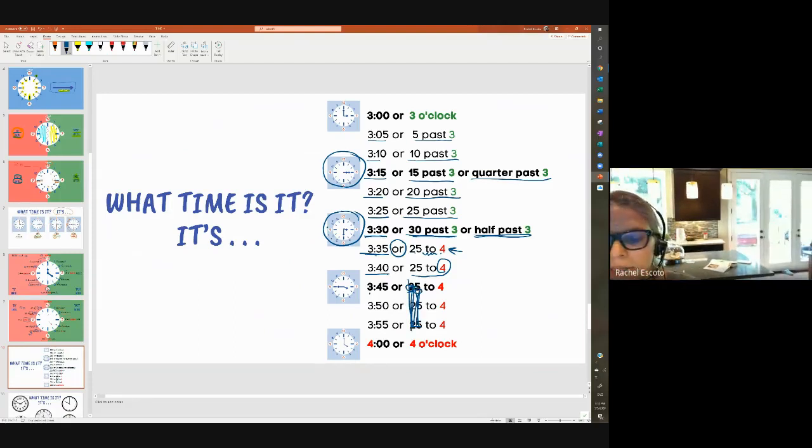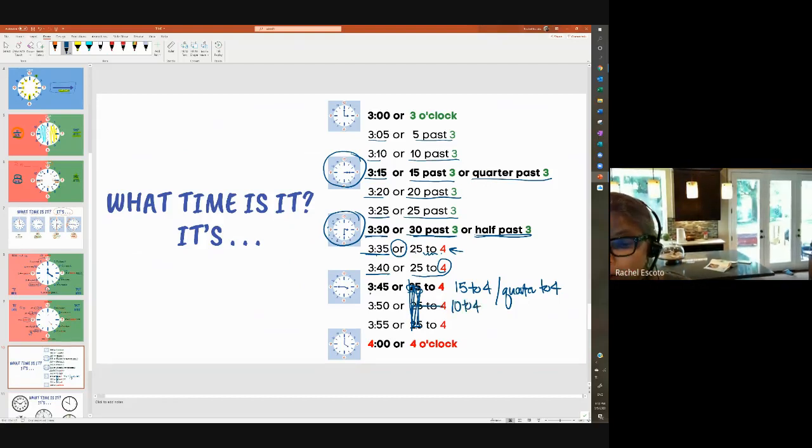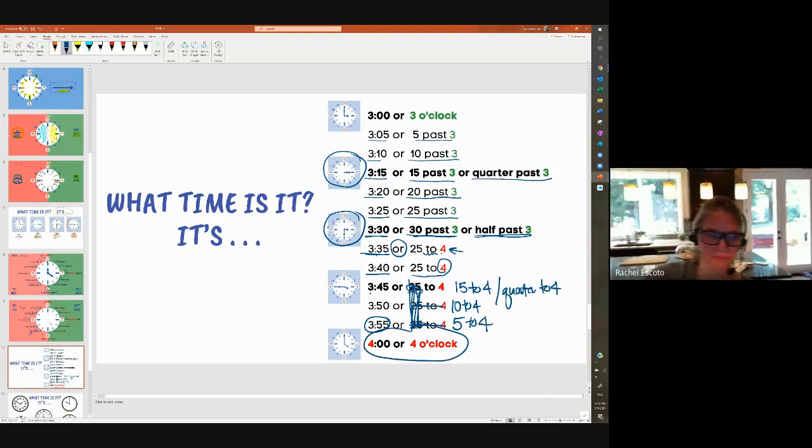Ugh, darn it. 3:45 or 15 to 4 or quarter to 4. This one is 3:50 or what? 10 to 4. This is 3:55 or 5 to 4. And then we get to 4 o'clock.